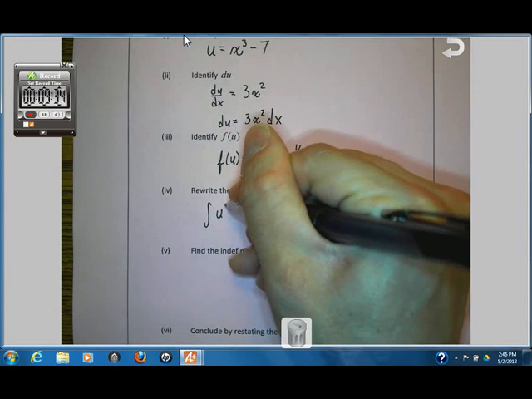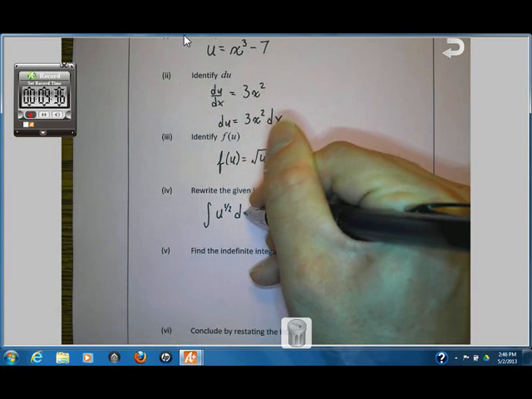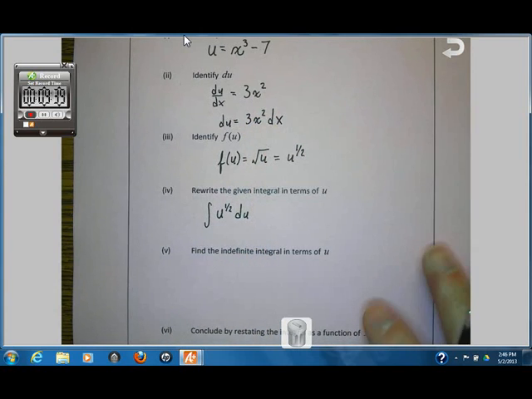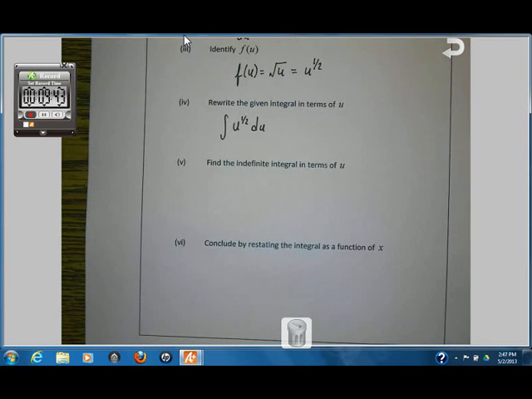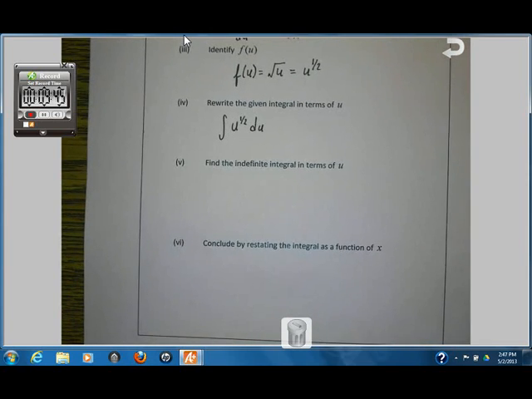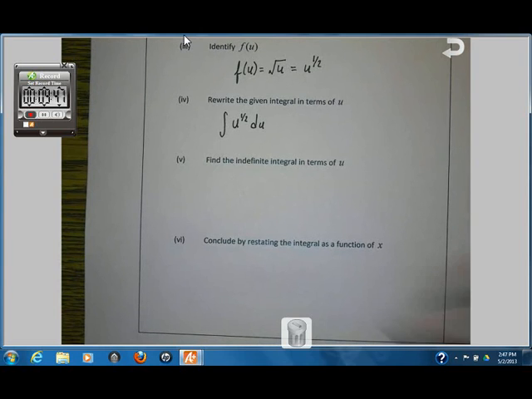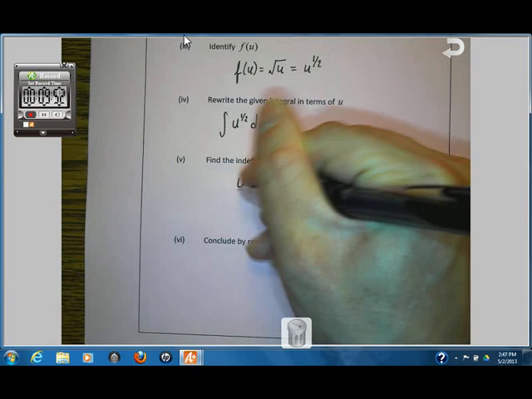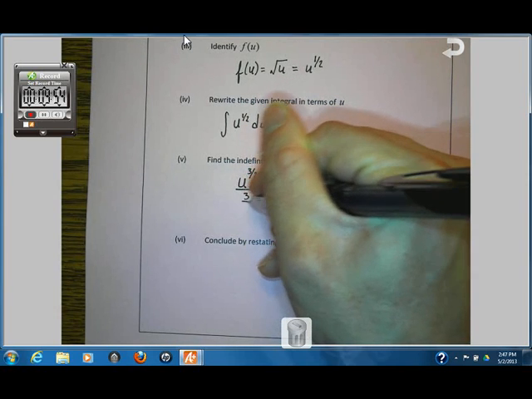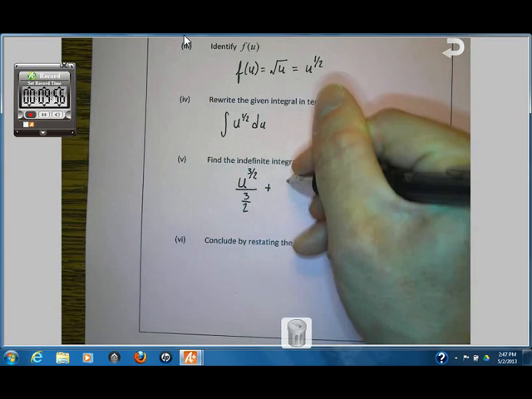So we have u to the 3/2 divided by 3/2 plus your arbitrary constant. To clean that up, when you're dividing by a fraction, you are actually multiplying by its reciprocal. So you have 2/3 of u to the 3/2 plus your arbitrary constant.